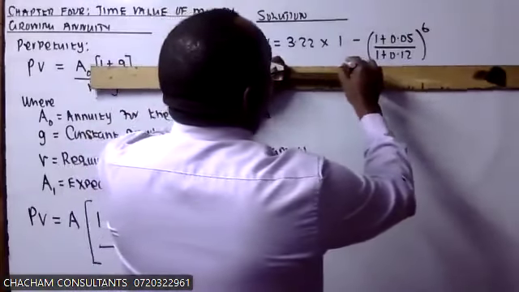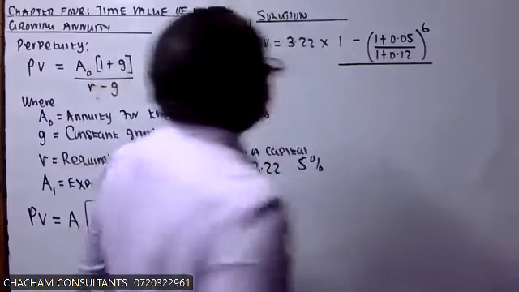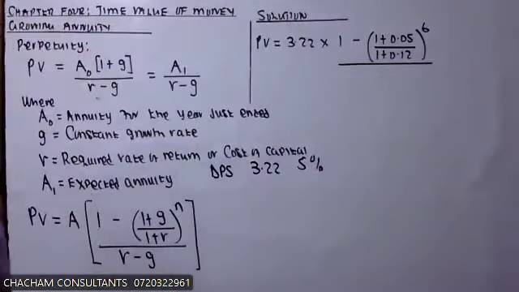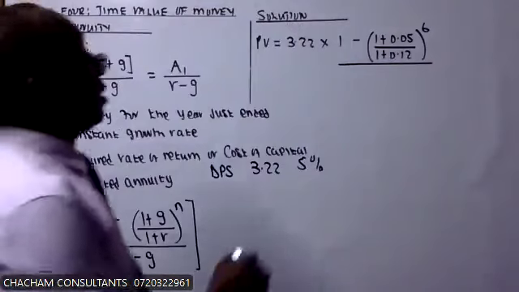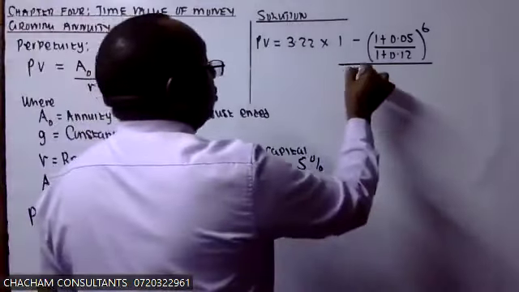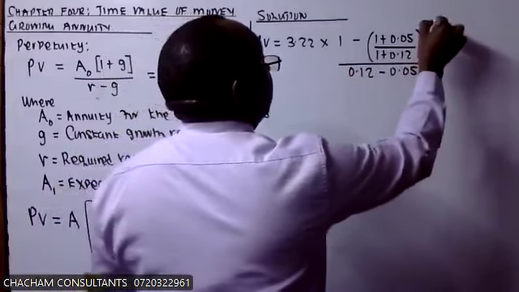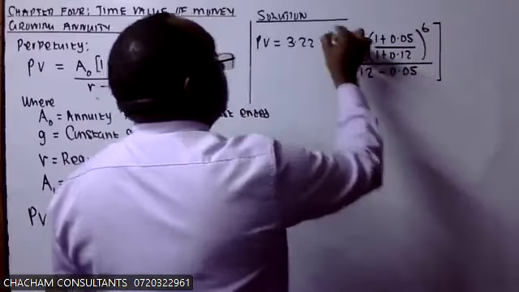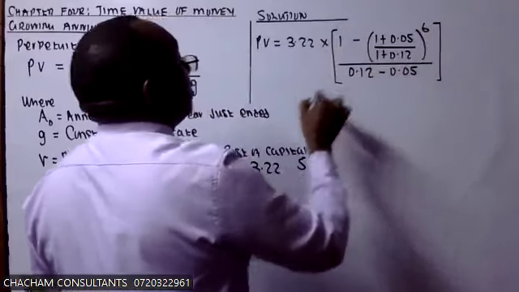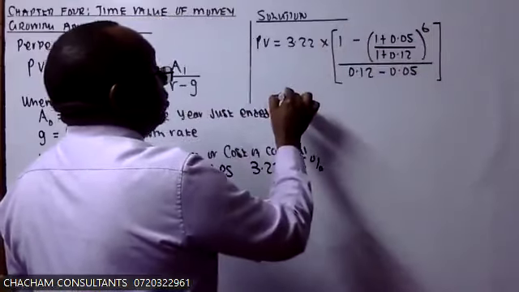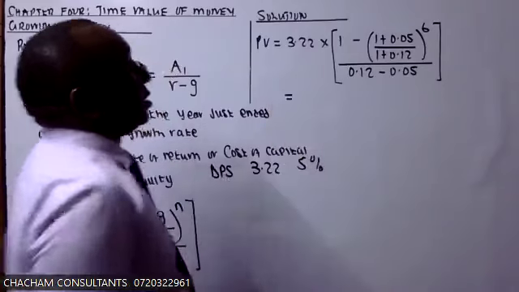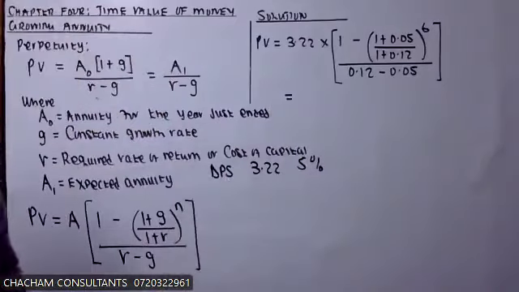And then the whole of this you divide by R minus G, that is 0.12 minus 0.05. So work out that. Pole pole unipatie jibu.